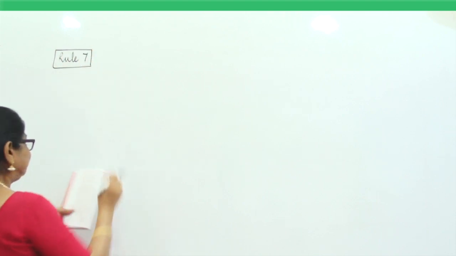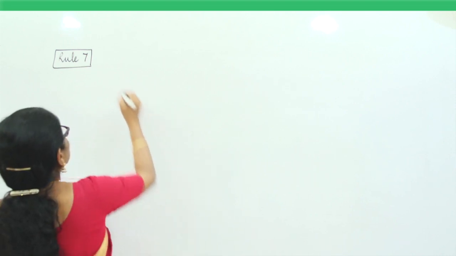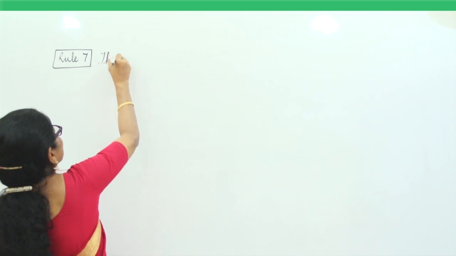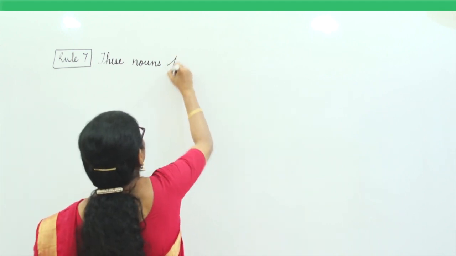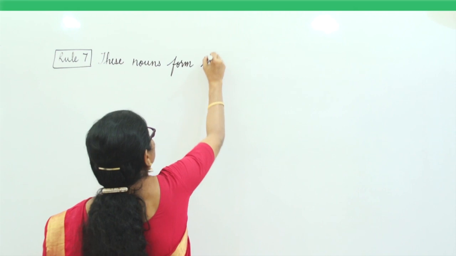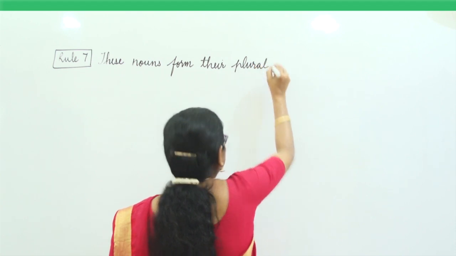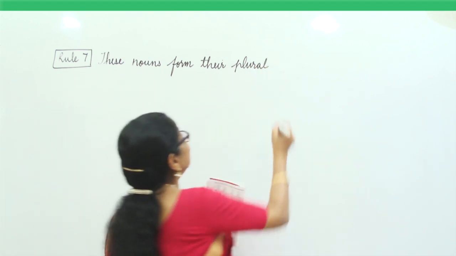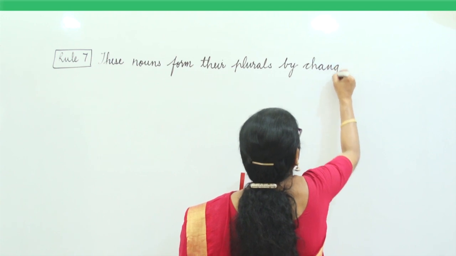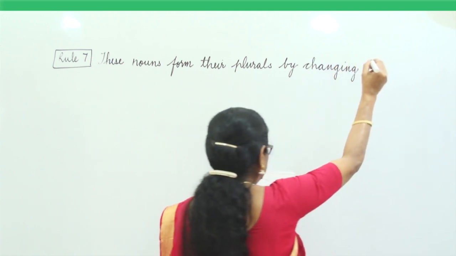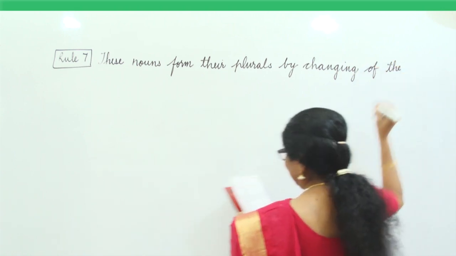In rule number 7, you have these nouns. These nouns form their plurals by changing the inside vowels.